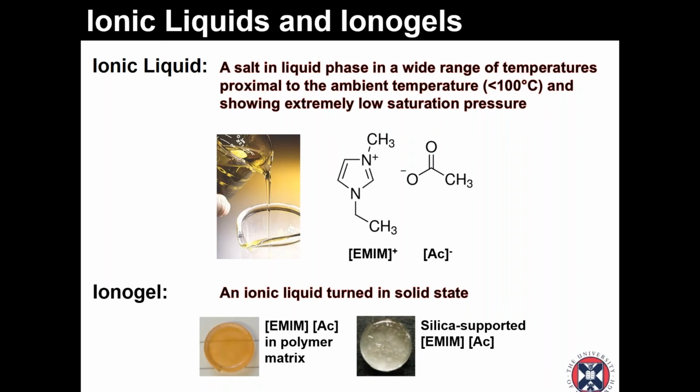The two ways we focus on today are trapping the ionic liquid in a polymer matrix, or supporting the ionic liquid on a nanoporous material. In particular, we will see silica-supported ionic liquids.